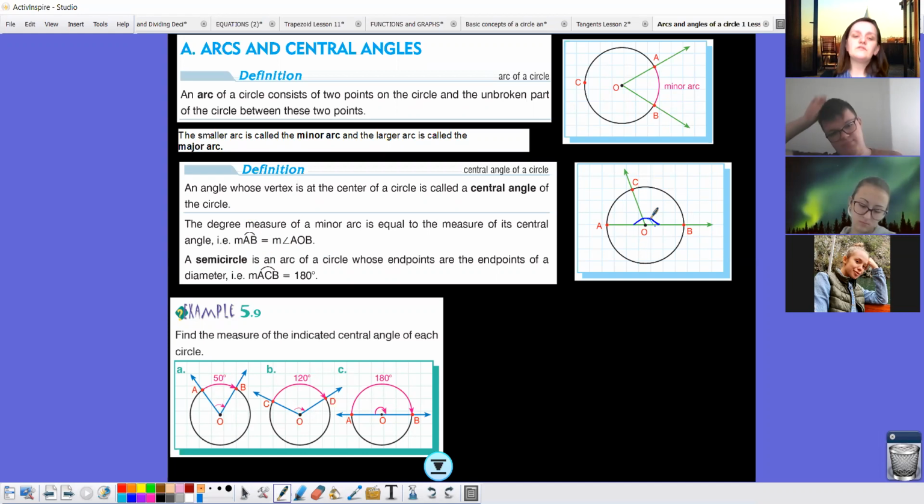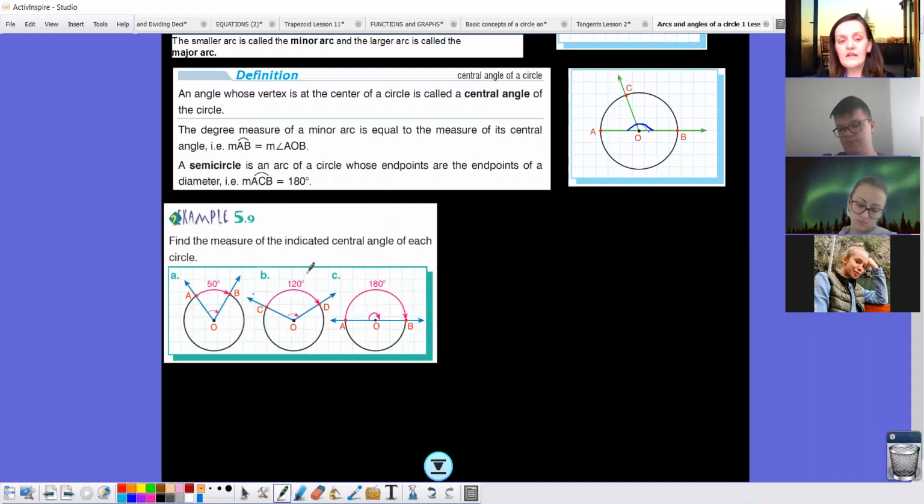Now, as you can see here, some figures are given, and the measures of arcs are given. We are looking for the measure of the angle. If the arc AB is 50 degrees, what will be the angle AOB?